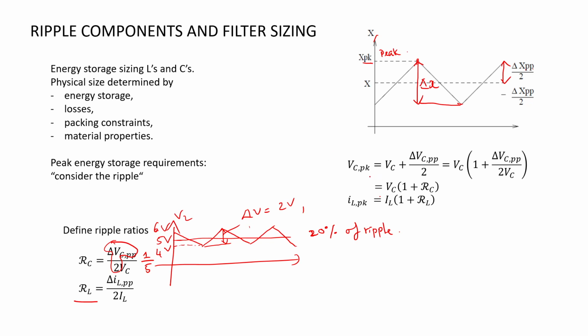So let's say this is voltage. You want to write down the voltage at the peak here. You have the average value here, VC, plus delta VC over 2. So finally you can write it in terms of ripple ratio in this way: take VC in parentheses like this, the peak value is the average value times 1 plus the ripple ratio. Same for IL.